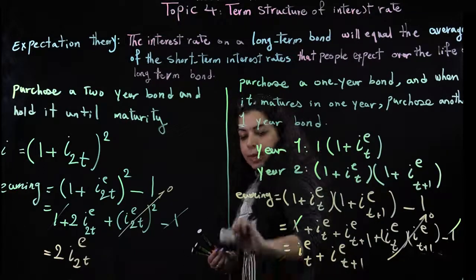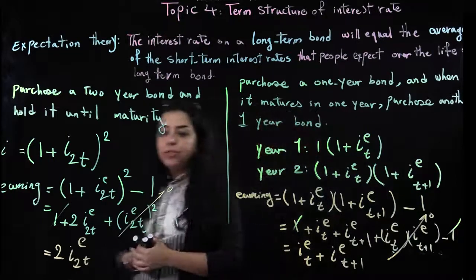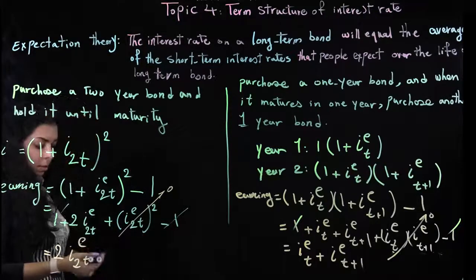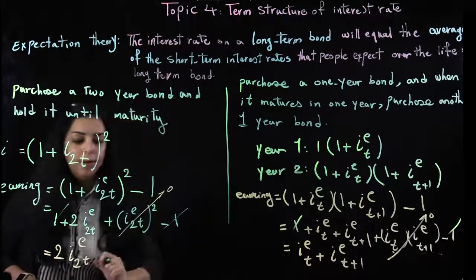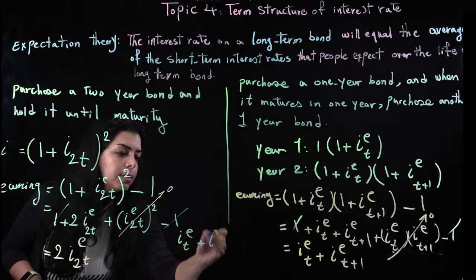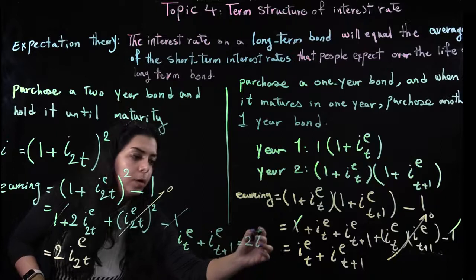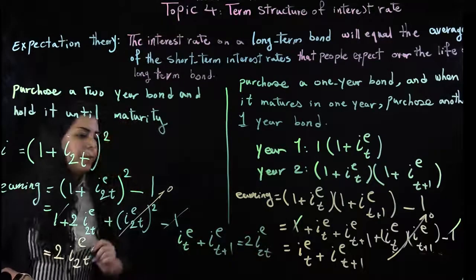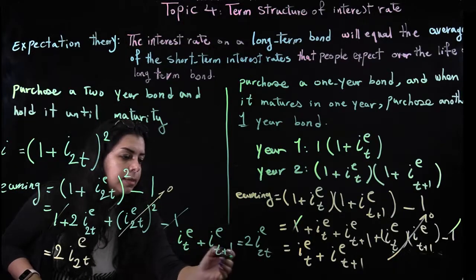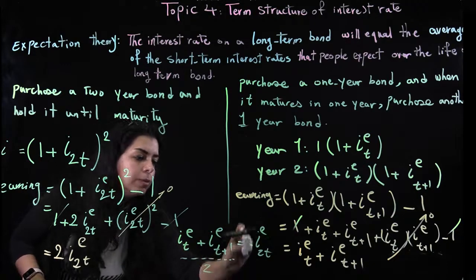The expectations theory is saying that no matter which strategy you are using, the earnings of these two strategies should be equal. So I put these two earnings equal to each other, and it's going to be i_t^e plus i_{t+1}^e equal to 2 i_2t^e. Then I can divide this whole thing by 2, and this 2 will be removed.